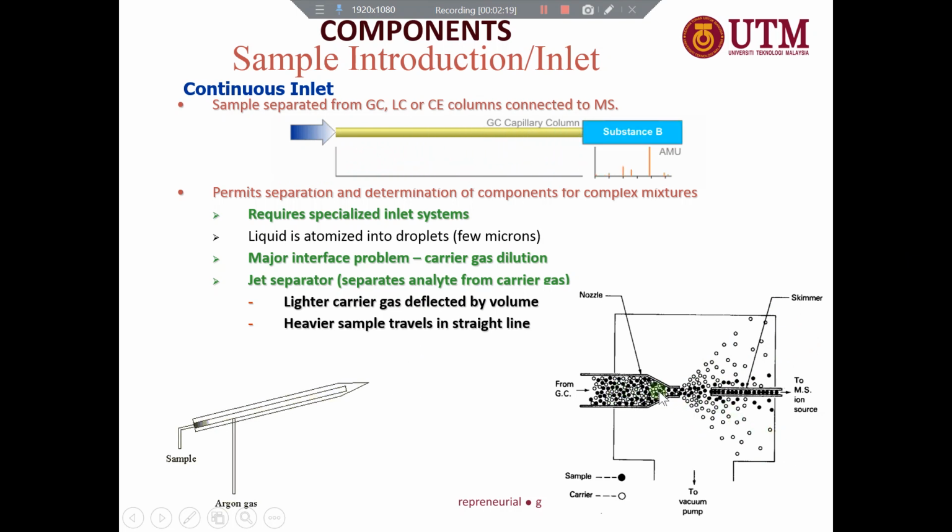So the heavier sample will just go in a straight line. But this needs the condition of high vacuum. If the vacuum is very low, the pressure is there, and your sample will be deflected as well. That's why we need it to be in a vacuum system.